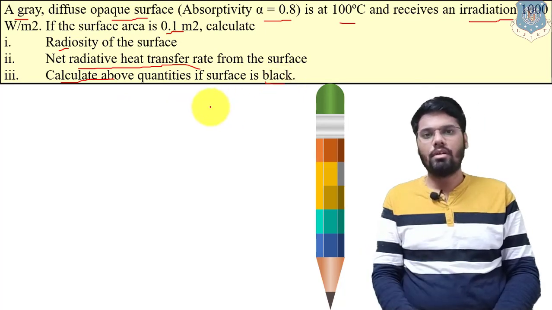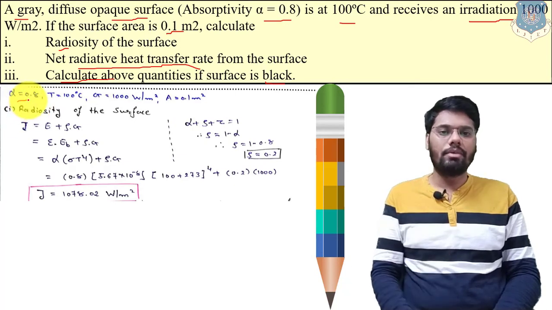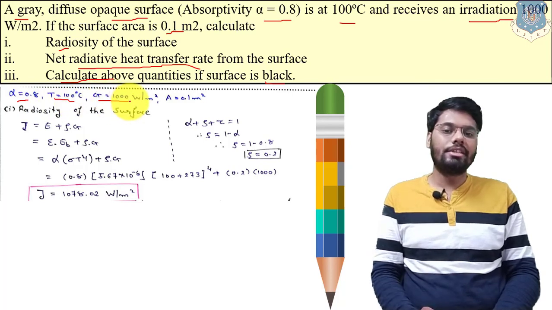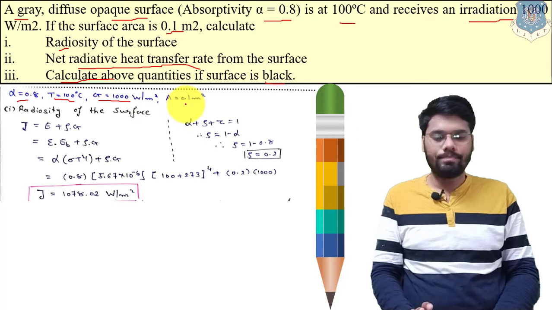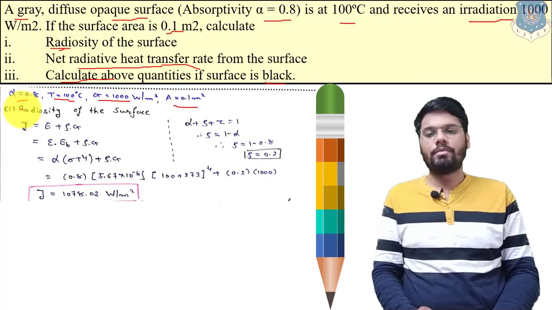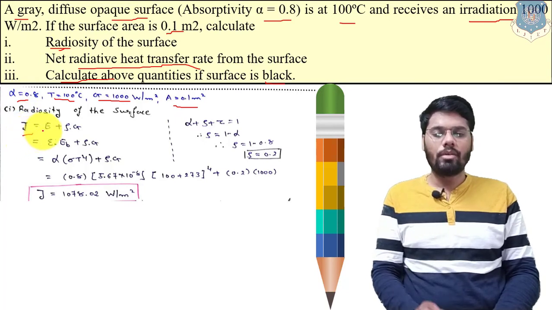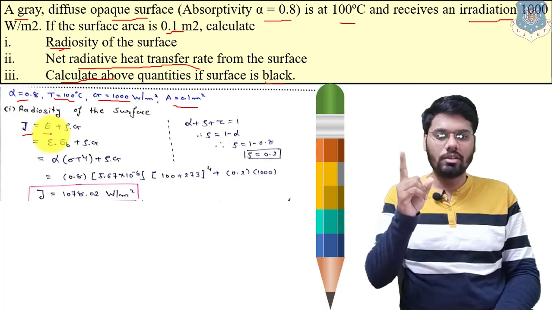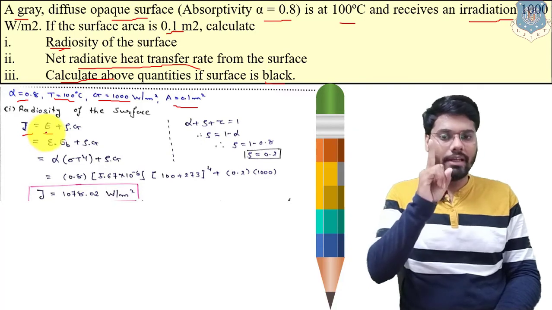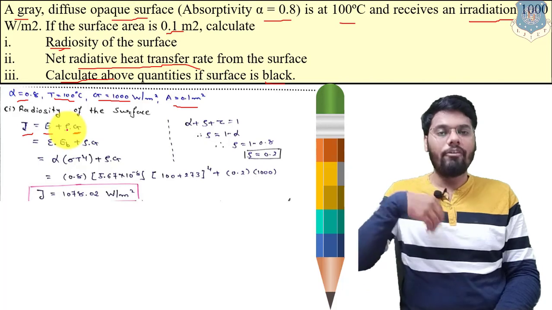Now, in the question, absorptivity alpha is given as 0.8, temperature is 100 degrees Celsius, irradiation is 1000 watt per meter square, and area is 0.1 meter square. So first we need to find the radiosity. As we have just discussed, radiosity is nothing but the total emission. First, because of its own temperature, which is the body's emissive power, capital E, plus the amount of irradiation which is going to be reflected by the body.